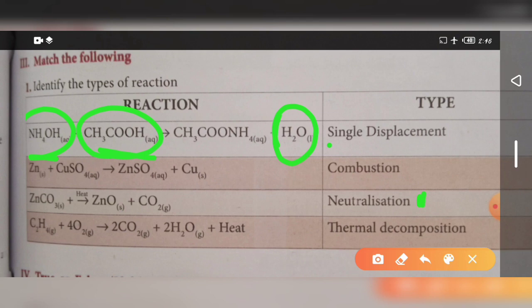This reaction is known as single displacement reaction. Next, only one compound decomposes to form two or more products, known as decomposition reaction. This is the third equation. Fourth, C2H4 reacts with oxygen, that is it combusts with oxygen, as I already told in the earlier question, to form carbon dioxide, water molecule and heat energy. So it is a combustion reaction. So the answer is 2413.